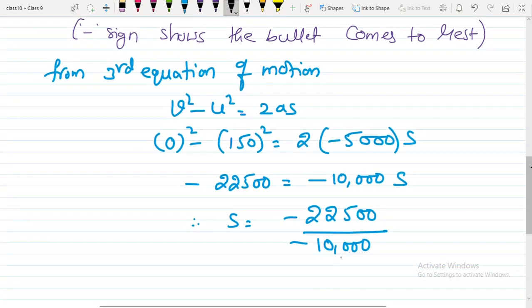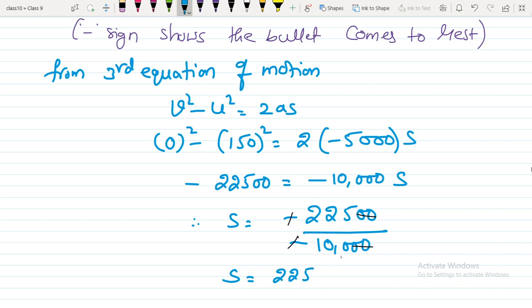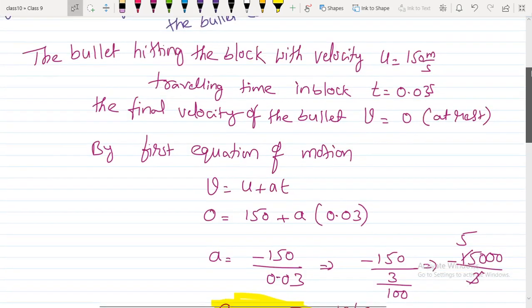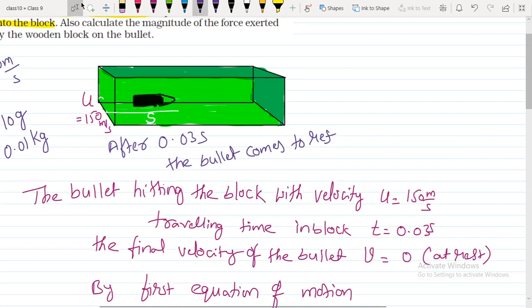Numerator and denominator, the two zeros get cancelled and the negative sign also gets cancelled. Therefore s, the distance of penetration, equals 225 upon 100, which gives 2.25 meters. Now that's the distance of penetration. The bullet is traveling inside the block, from here to here, the distance of penetration is 2.25 meter.